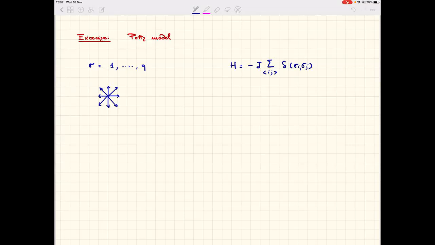Professor, did you just say that if the spins are parallel, it's minus J, and not anti-parallel? Well, if they are not parallel, so they are pointing in different directions, the energy contribution is 0. Whatever angle it makes. If you look at this Hamiltonian, whatever the angle, the contribution to the energy is equal to 0.